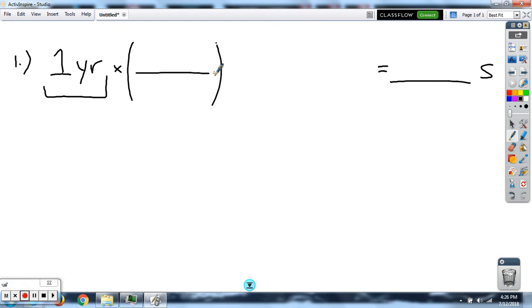Okay? The other important thing is that if you're starting with, let's say, years, that's going to go on the bottom of this ratio because they need to cancel out. I will erase this in a second, but just so you can see, years on top, years on the bottom, they would cancel out, and you're left with whatever units you'd have up here.